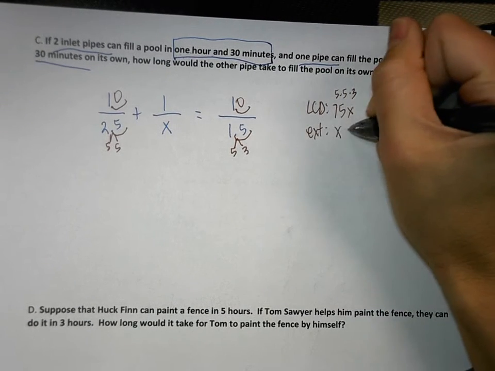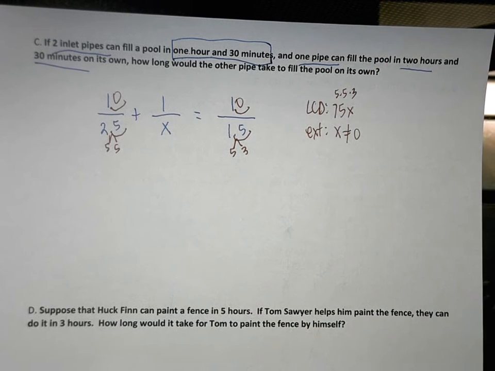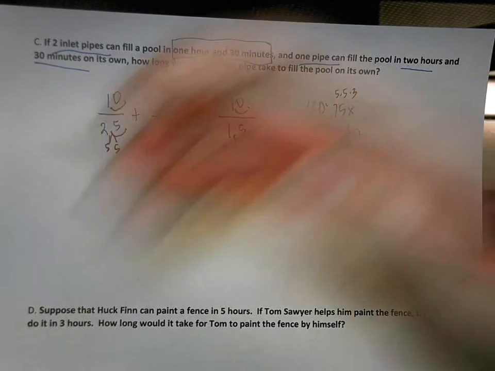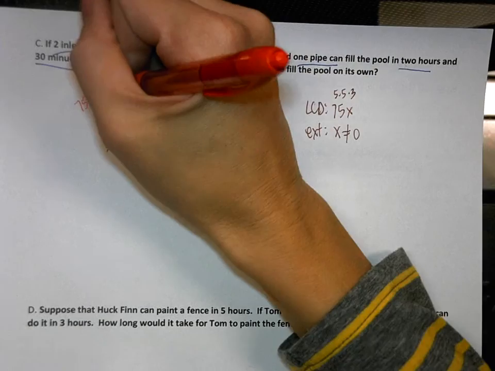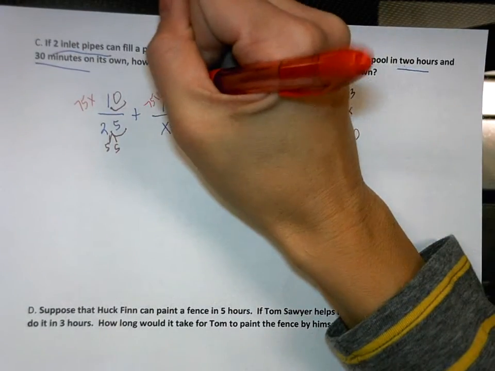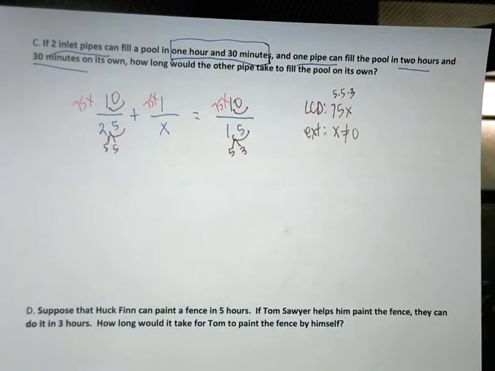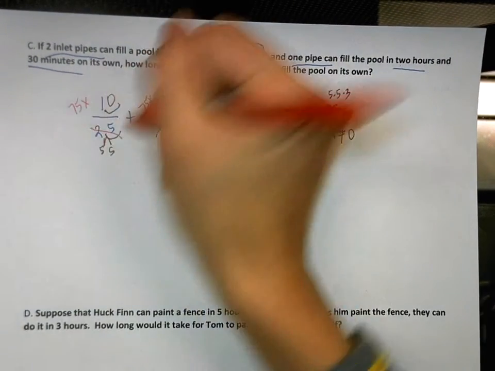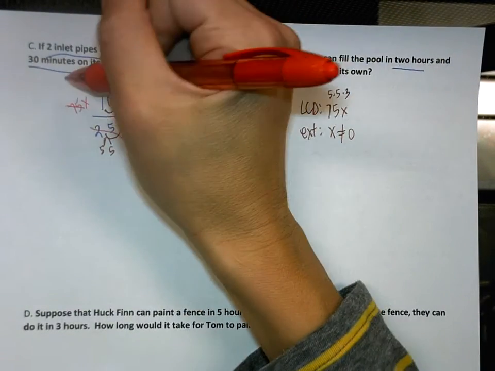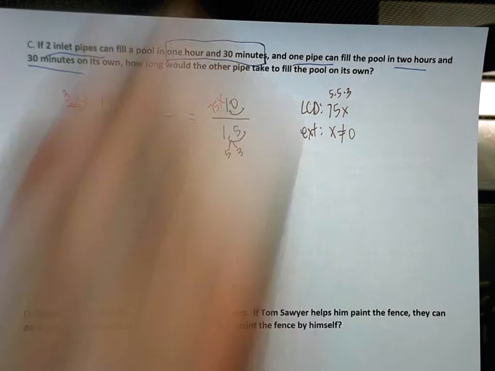X cannot equal 0. Okay. So we're going to eliminate our fractions now. And so what am I going to multiply? I'm going to go through and multiply the LCD, 75x, every single term. Okay, on the first one, 25 cancels out, and I'm left with 3.